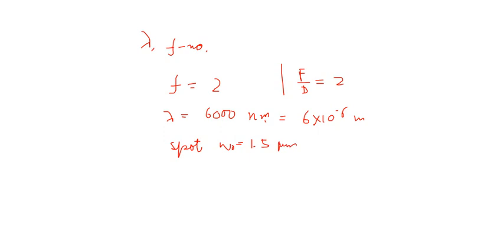Thus, the area of such a focused spot would be about 7. So, this is the radius, and this is the area.